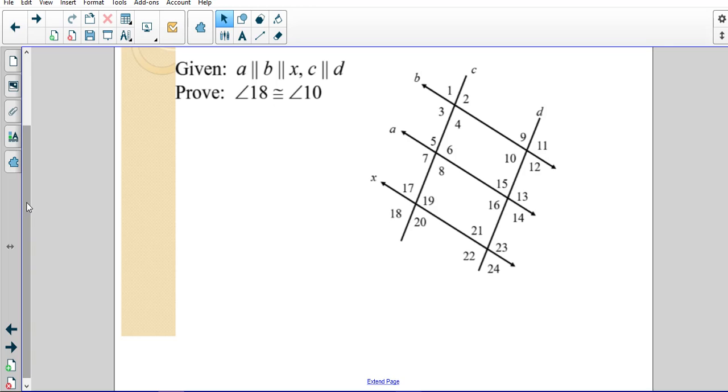Now I'm going to go from 19 to 3. So angle 19 is congruent to angle 3. If lines are parallel, alternate interior angles are congruent. And then I'm going to go from 3, angle 3 is congruent to angle 10.